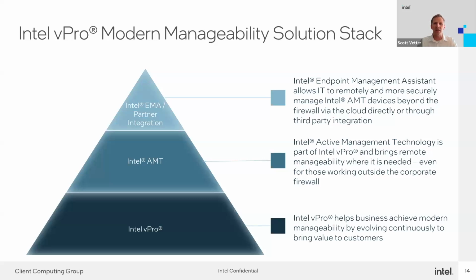It is a vast, deep collection of IPs that provide the depth and breadth and a secure foundation for manageability inside the enterprise space. Now, on top of Intel vPro, we have our Intel AMT technology that derives from much of the hardware and software from the vPro platform, as we previously mentioned, and then EMA sits on top, along with partner integration, if that's the route we take.